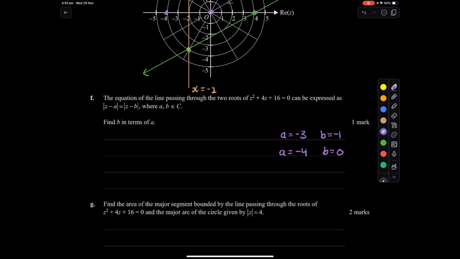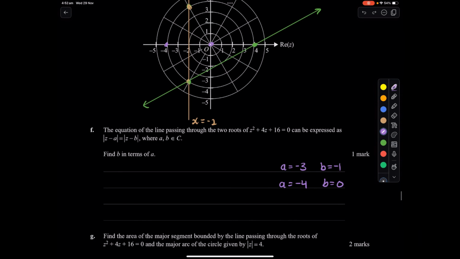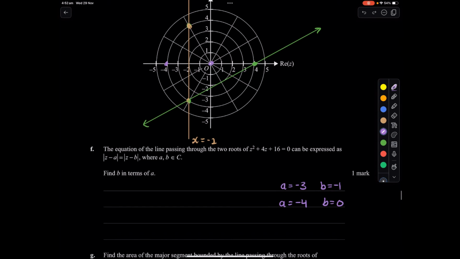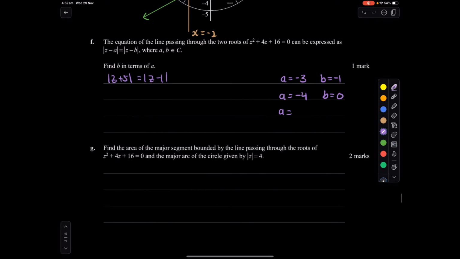And we just want to find an expression, because it says find b in terms of a. I'm just trying to write as many equations as I can and see what kind of expression we can find for b in terms of a. So let's say also the points negative 5 and 1. So it will be z plus 5 and z minus 1. Yes, so we can say that a is negative 5 and b is positive 1.